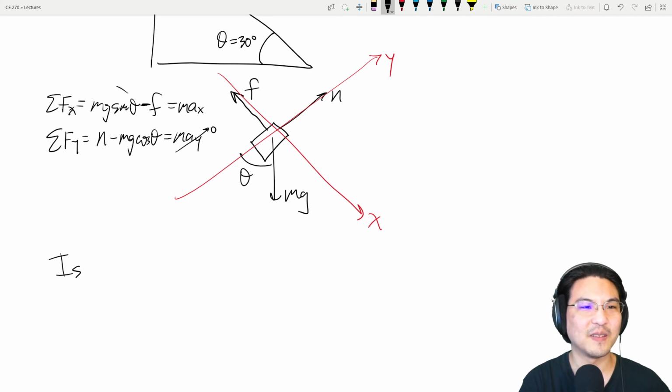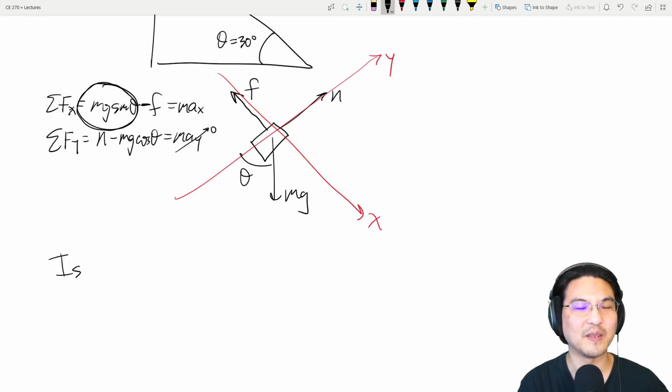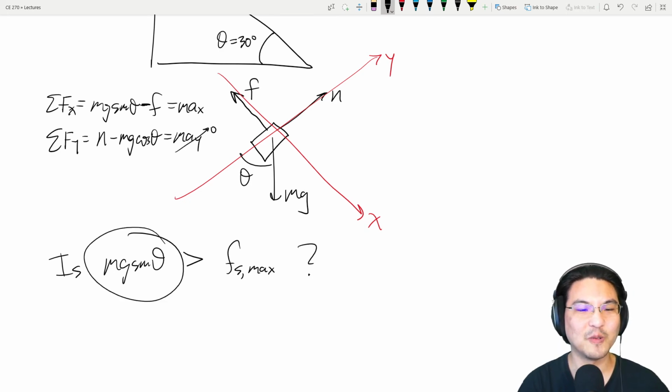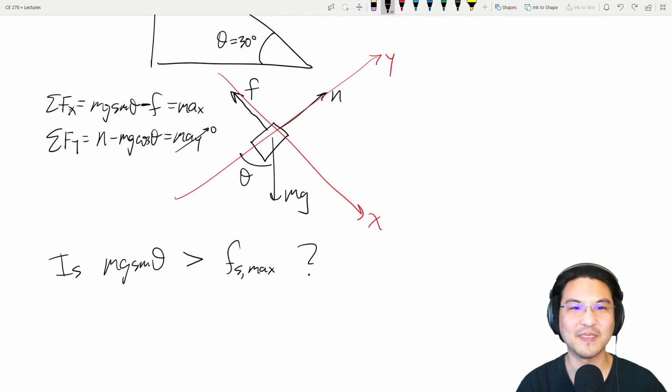This is the component of the weight down the ramp, so let me jot that down: mg sine theta greater than how much static friction we can have at most, the maximum static friction. If this is true, it'll slide. If not, it's just going to sit there.